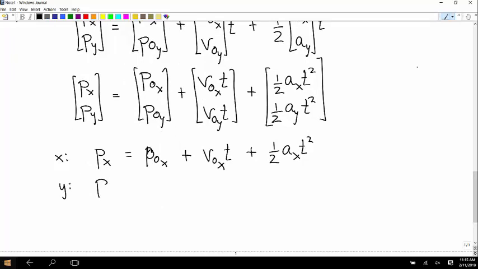And the y equation says py is equal to p0y plus v0y times t plus 1/2 ay t squared. So you recognize that equation. It looks almost exactly like the position equation for one-dimensional kinematics for motion with constant acceleration.